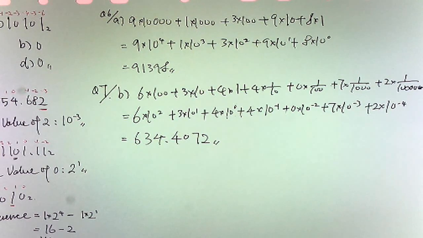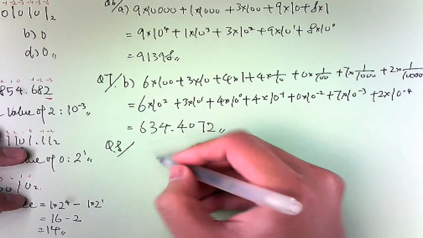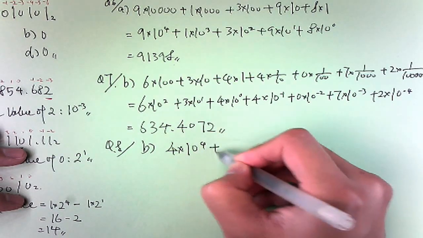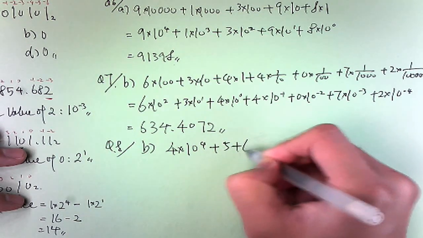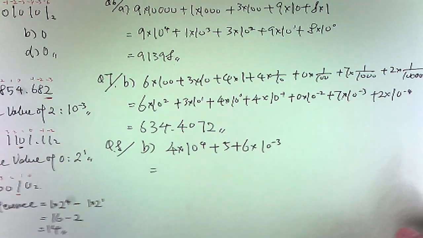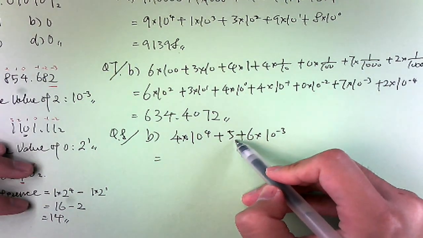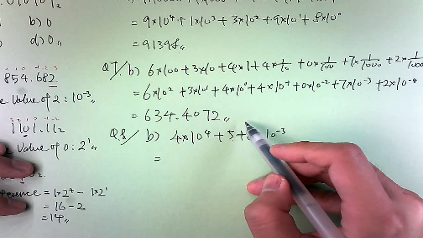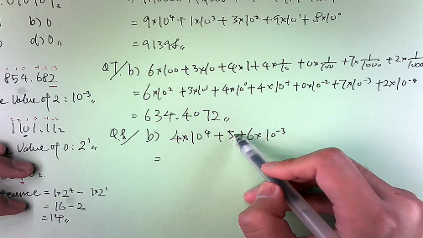So the same, okay, we go to 8. I'll do a B. 4 times 10 to the power 4, and then plus 5 plus 6 times 10 to the power 3. So actually this 5, it is 5 times 10 to the power 1. Okay, this is 5 times 1.